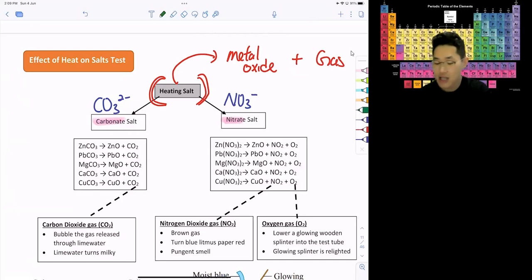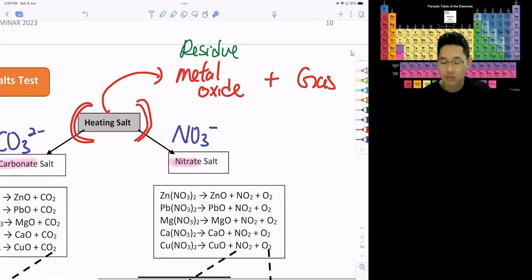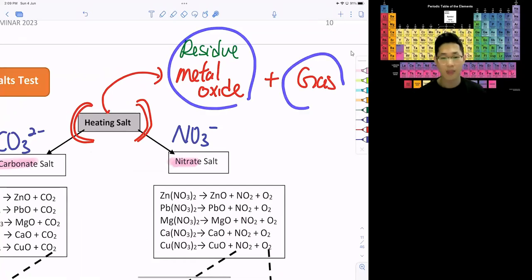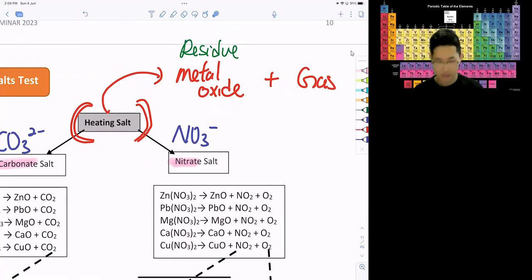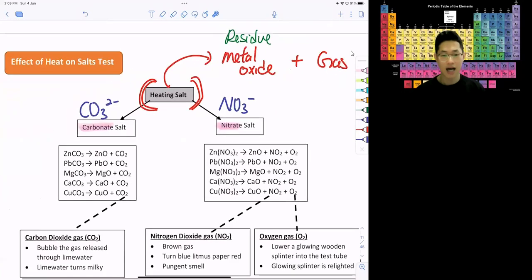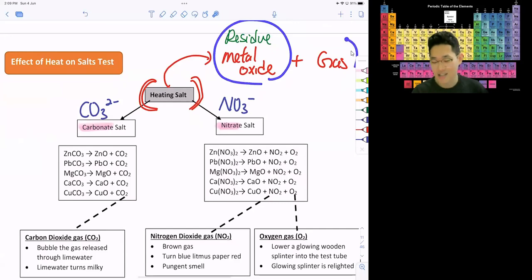The metal oxide is also called residue. Residue means the remaining substance after you heat the salt. So a residue and a gas, sorry.